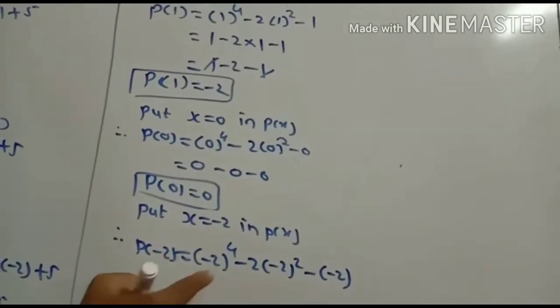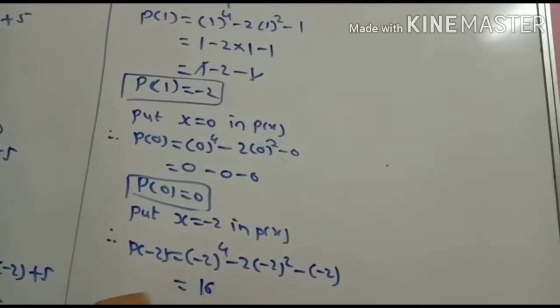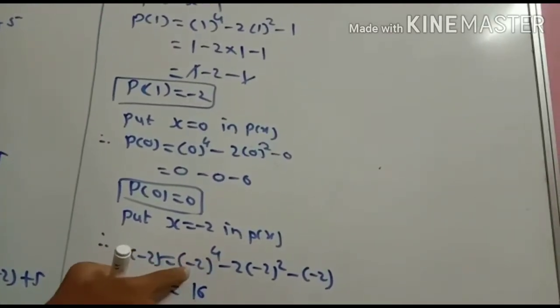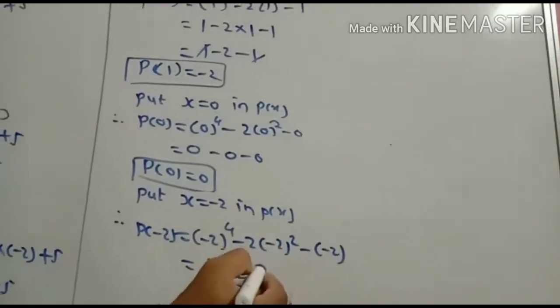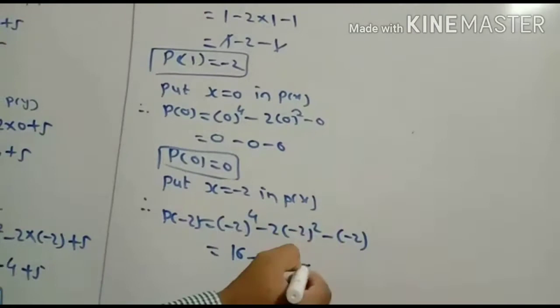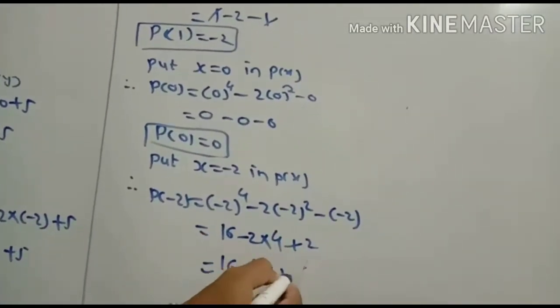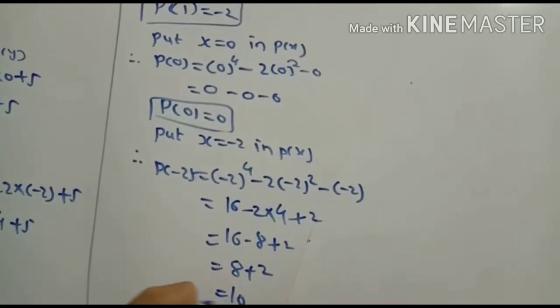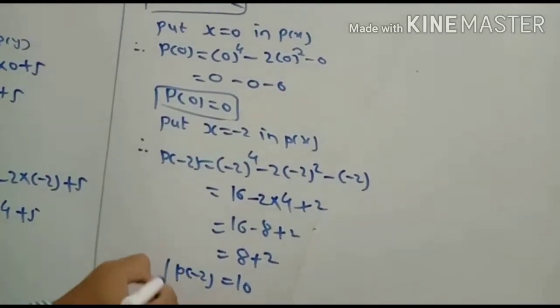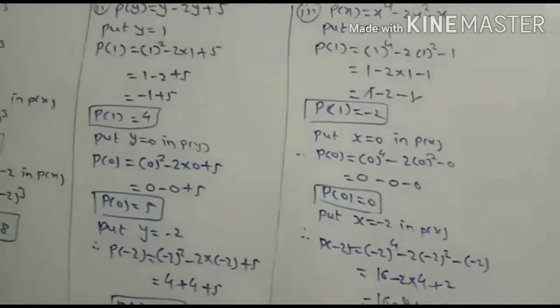Minus 2 raised to 4, that is the fourth power of 2, that is 16, and the fourth power is given, therefore the sign is positive. Minus 2 into square of minus 2 is 4, minus minus gets plus 2. 16 minus 2 4s are 8, plus 2. 16 minus 8, 8 plus 2, that is 10, and that is the value of P of minus 2 for the given polynomial.